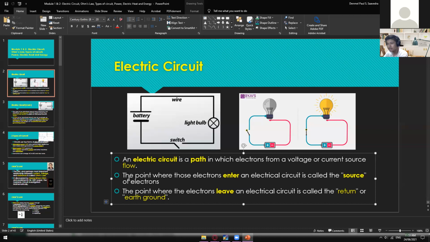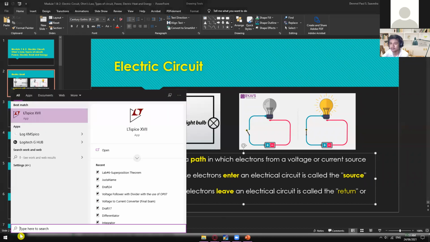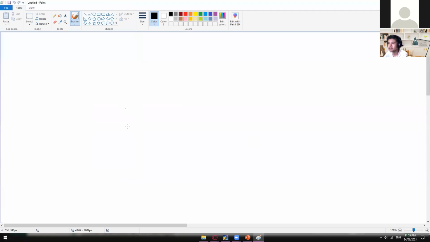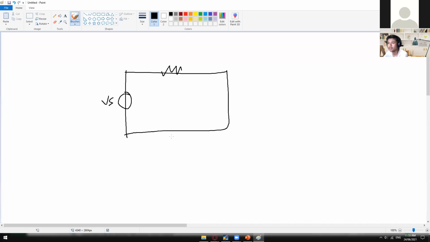The point where electrons enter an electrical circuit is called the source of electrons, and the point where electrons leave an electrical circuit is called the return or earth ground. So for a ground, let's say this is your circuit, we have your resistors right here, you have your voltage source right here.